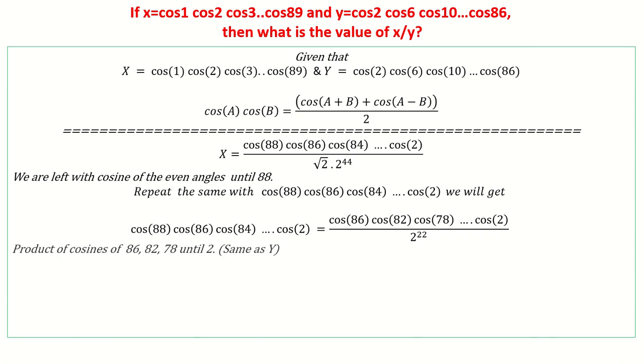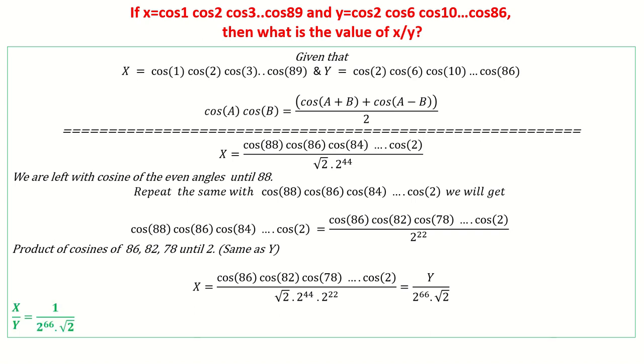Now the numerator here is exactly like y. So now x has become y by 2 power 66 into square root of 2. So x by y equal to 1 by 2 power 66 into square root of 2. You can still simplify further if you want.